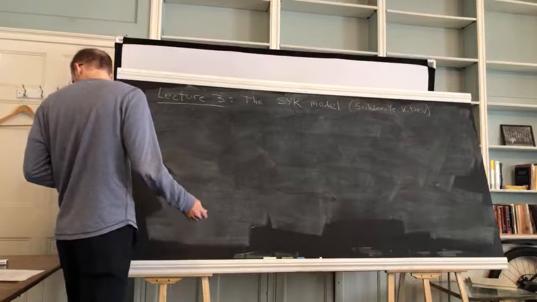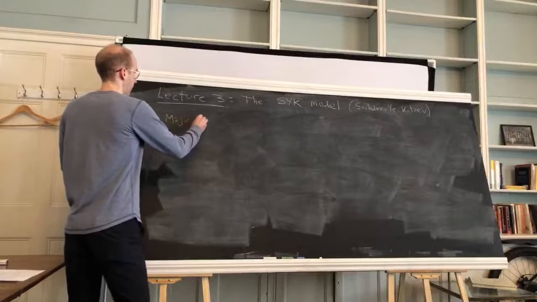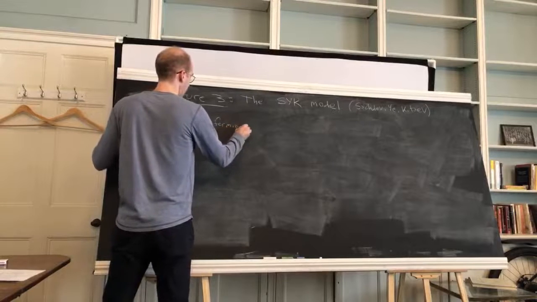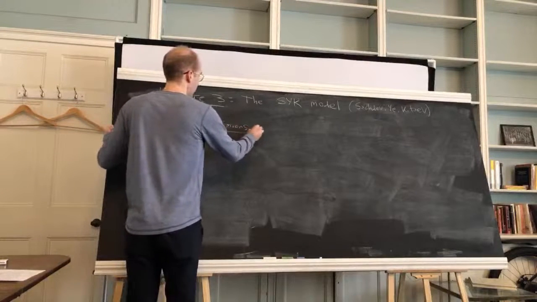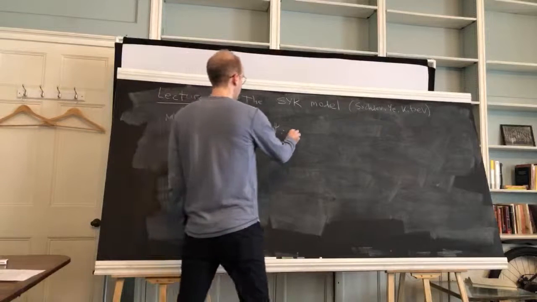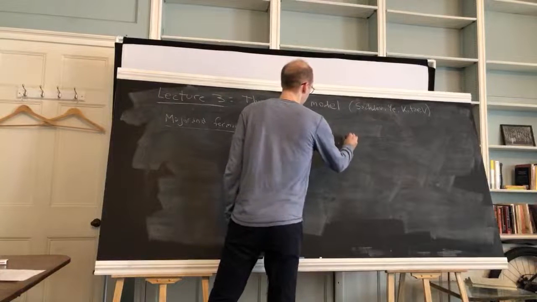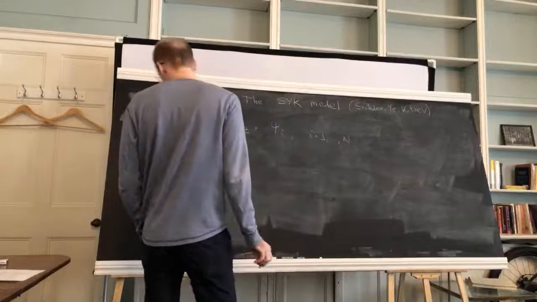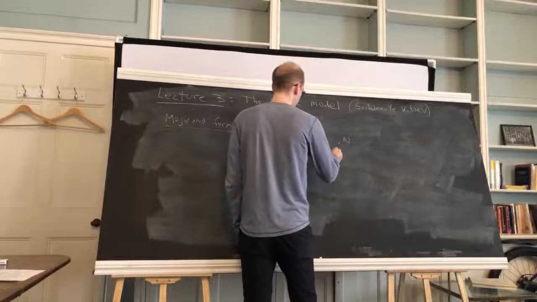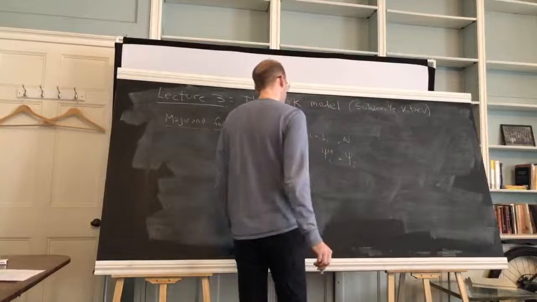Okay, so Majorana fermions is our first point of the day. They will be our main characters in all this story. I will call them psi_i, and as I've been telling you, there will be N of them, so i will run from 1 to big N. The condition that they are Majorana means that if I dagger these fermions, I get back the original fermion.